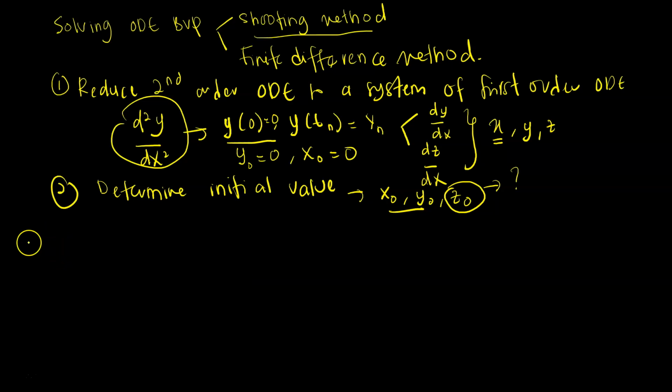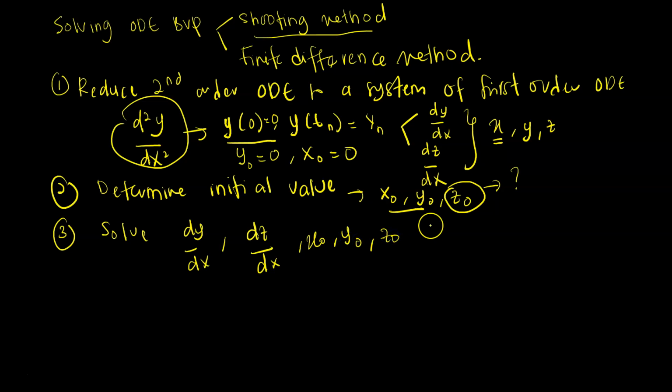And number 3, class, once you have your initial value, you need to solve dy dx and also dz dx by using x naught, y naught, and z naught. And how to solve this one? You can use Euler method in chapter 4.